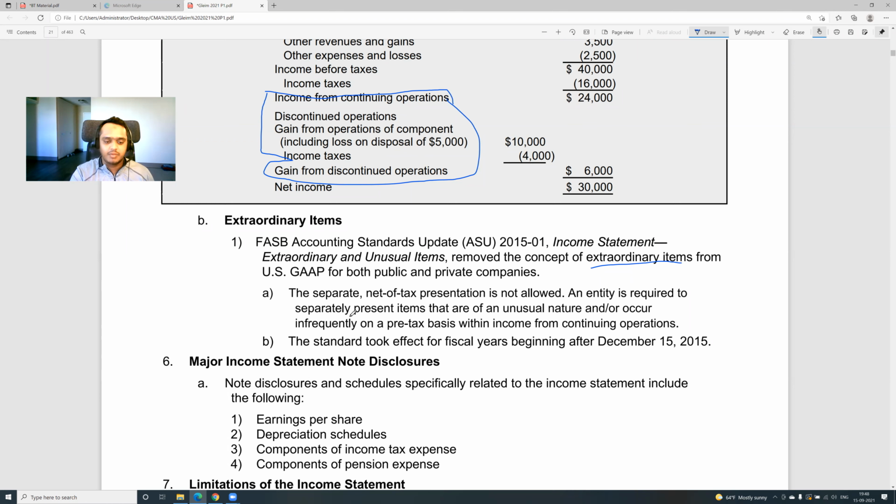An entity is required to separately present items that are unusual in nature or occur infrequently on a pre-tax basis within income from continuing operations. And that goes where will it go? Other comprehensive income. वहां जाएगा वो. The standard took effect for fiscal years beginning December 15, 2015.